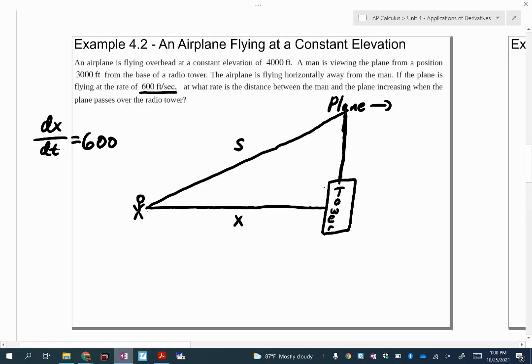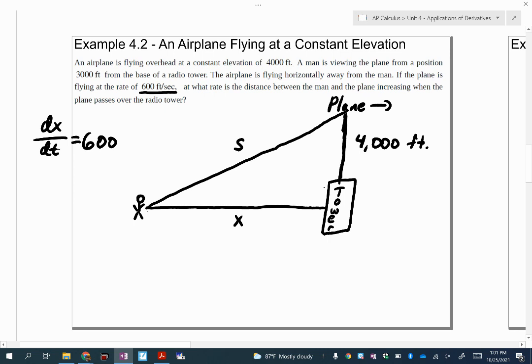Now, I'm also going to label the fact that we're looking for when the plane is directly over the tower. We're going to be trying to find the rate at which the distance is increasing between the man and the plane. So I'm going to label the height as 4,000 feet because we know the elevation of the plane is not changing. It's a constant elevation.